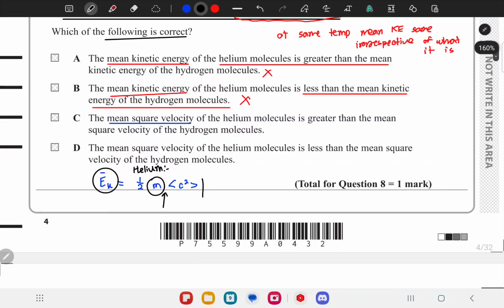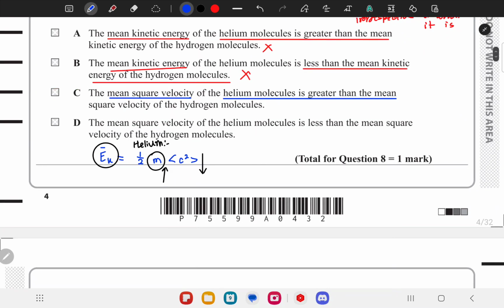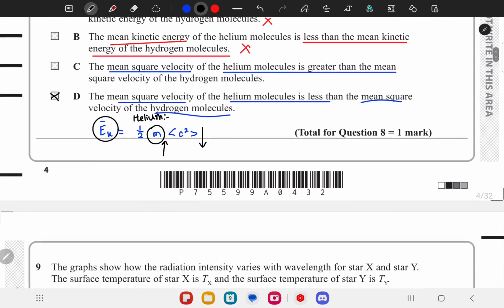So to balance it out, the mean square speed must be smaller for helium. So if we explore our options, option A says that the mean square speed is greater for helium. This wouldn't be the case. It would be smaller for helium to balance its greater mass. So option D is our answer. Option D states that the mean square velocity for helium molecules is less than the mean square for hydrogen. This is the correct answer.